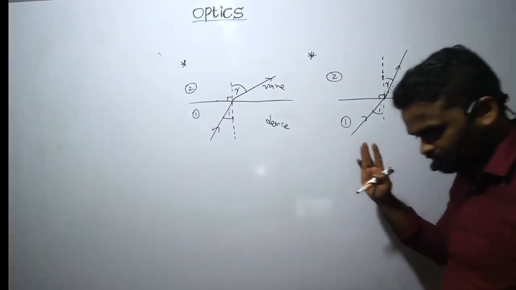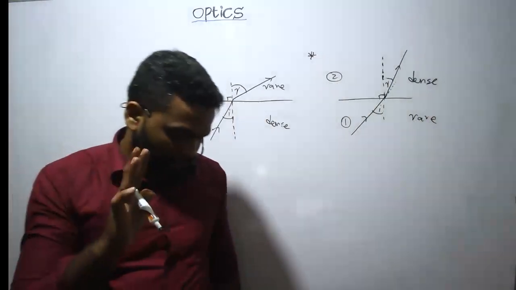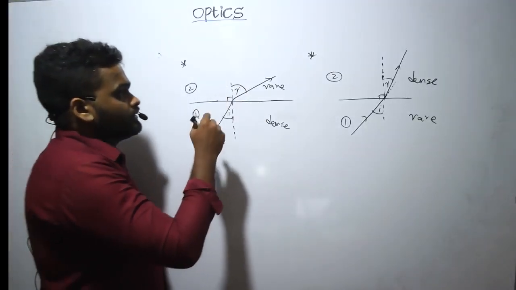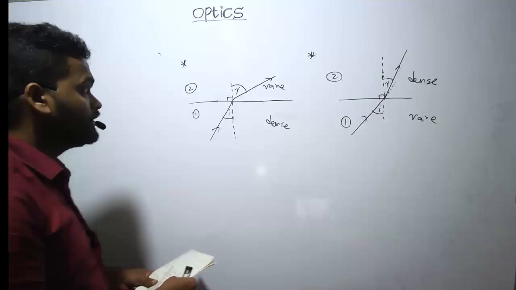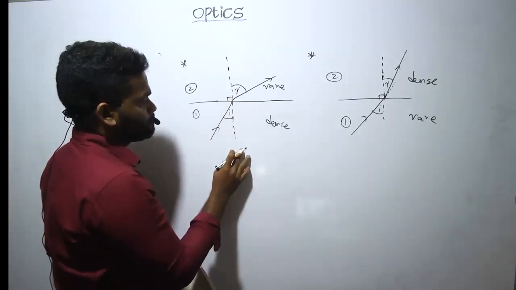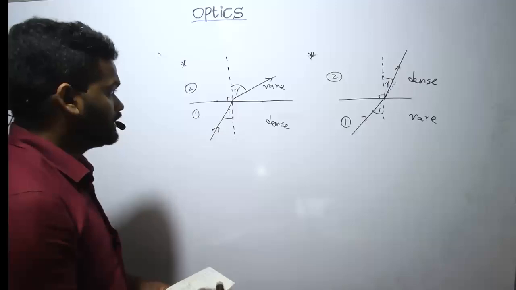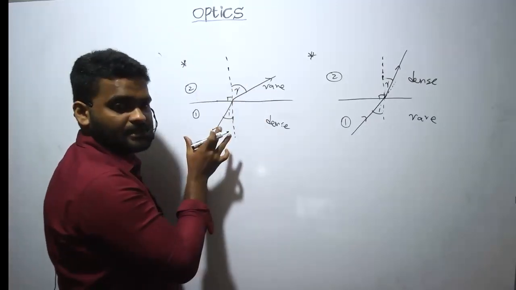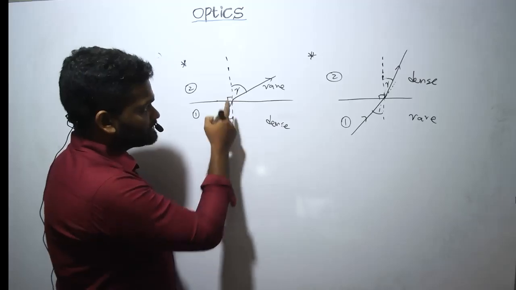Okay. Now we can talk about this. Here, when the ray goes from denser medium to a rare medium, the refracted angle r is larger.